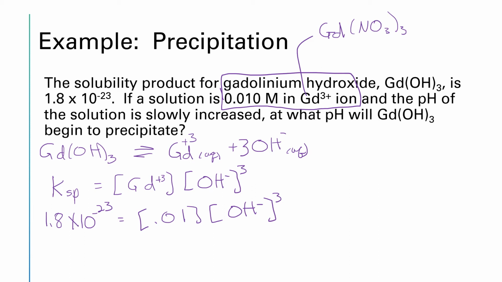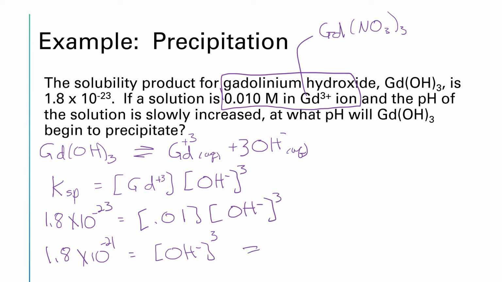So to solve for hydroxide ion here, I need to divide both sides of the equation by 0.01. So 1.8 times 10 to the negative 23 divided by 0.01 is going to give me... whoops, that looks like a negative sign. I'll erase that in a moment. 1.8 times 10 to the negative 21 is equal to the hydroxide ion cubed. And let me real quickly erase that mess so that doesn't look like a negative over there.